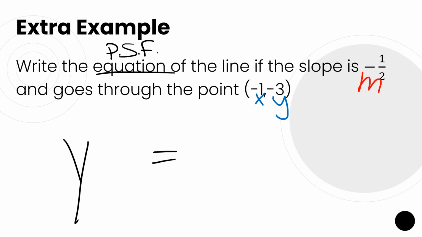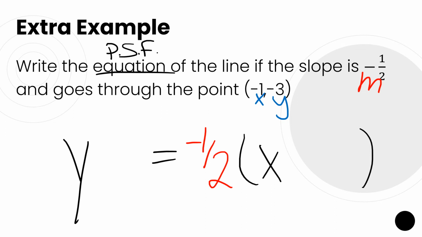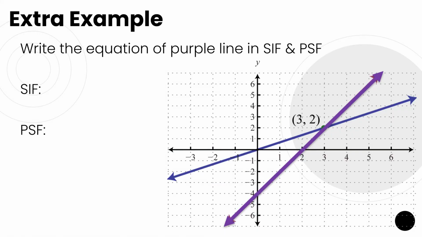That means I need to fill in my m, my coefficient of x, which is negative 1/2. If it says my x value is negative 1, I write plus 1. If it says my y value is negative 3, I write plus 3.